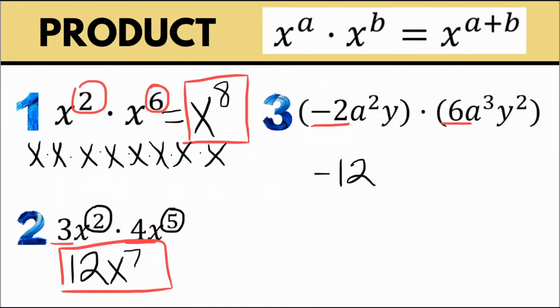I have a squared times a cubed. Add those two exponents. 2 plus 3 gives me 5. So that is a to the 5th. Add the exponents for the y's. On the y's, this first y has an exponent of 1 because this is y to the 1st. So 1 plus 2 is 3. So y to the 3rd. And that is it.